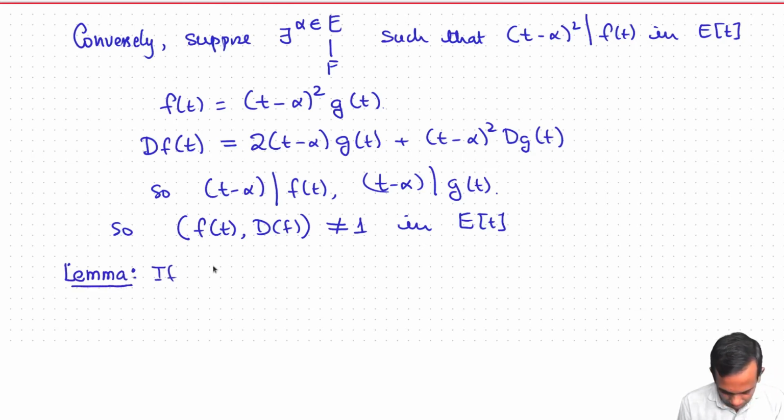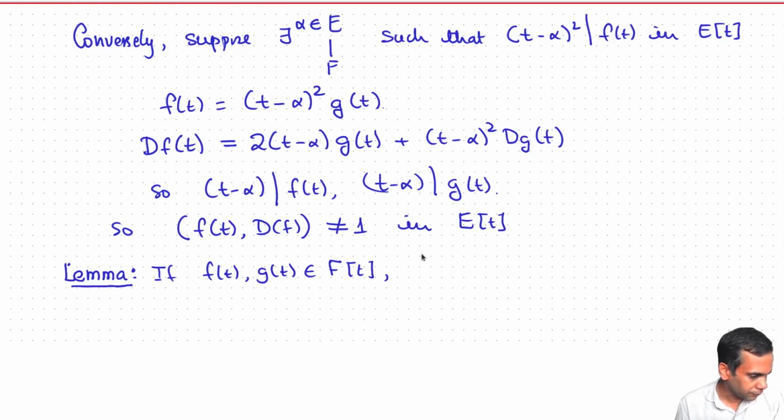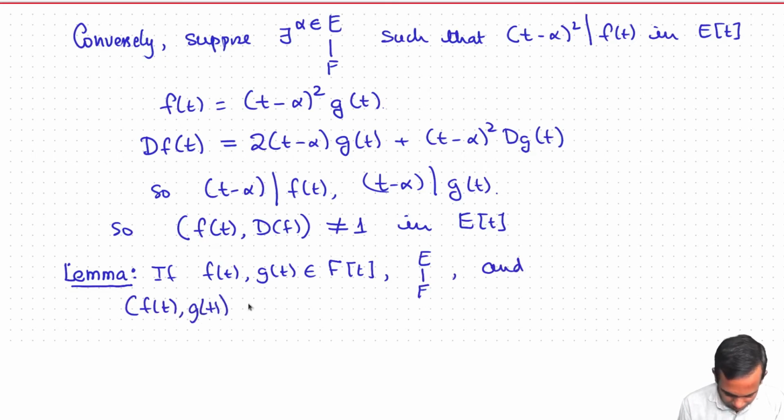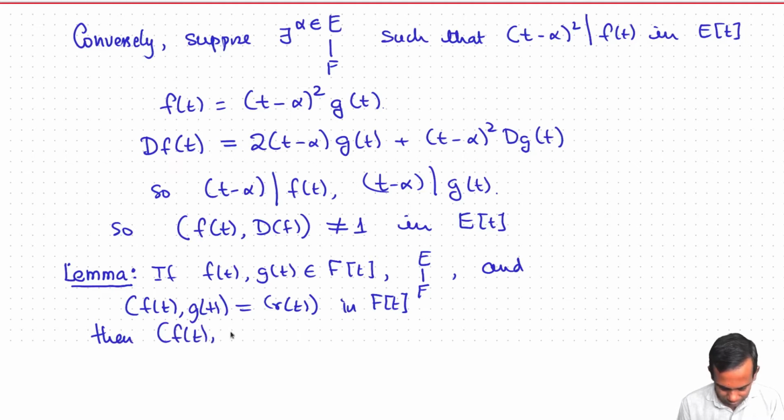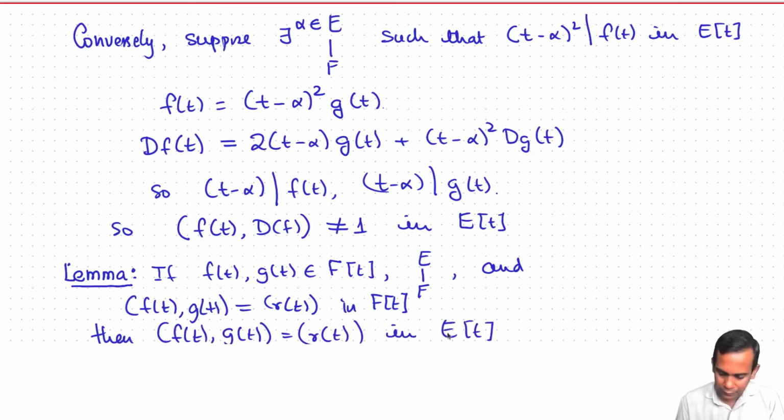If f(t) and g(t) are two polynomials in F[t], and E is an extension of F, and the GCD of f(t) and g(t) is r(t) in F[t], then I claim that the GCD of f(t) and g(t) is r(t) even in the bigger ring of polynomials with entries in a larger field.